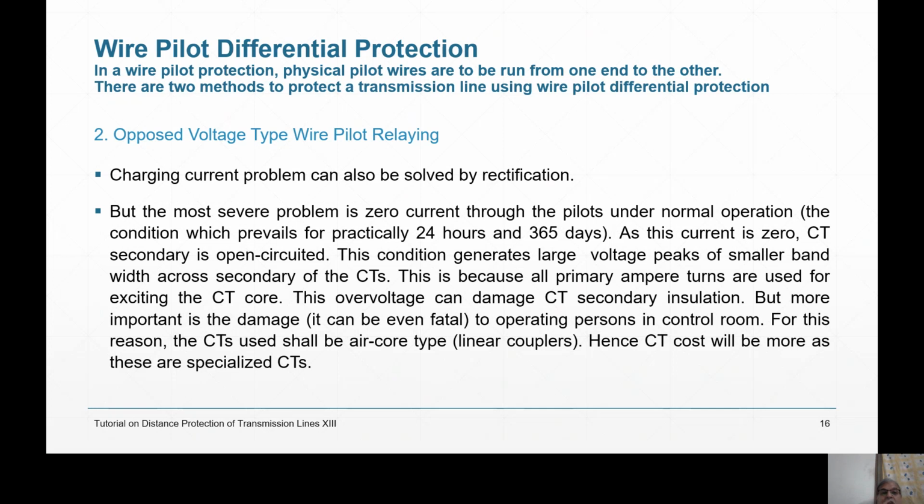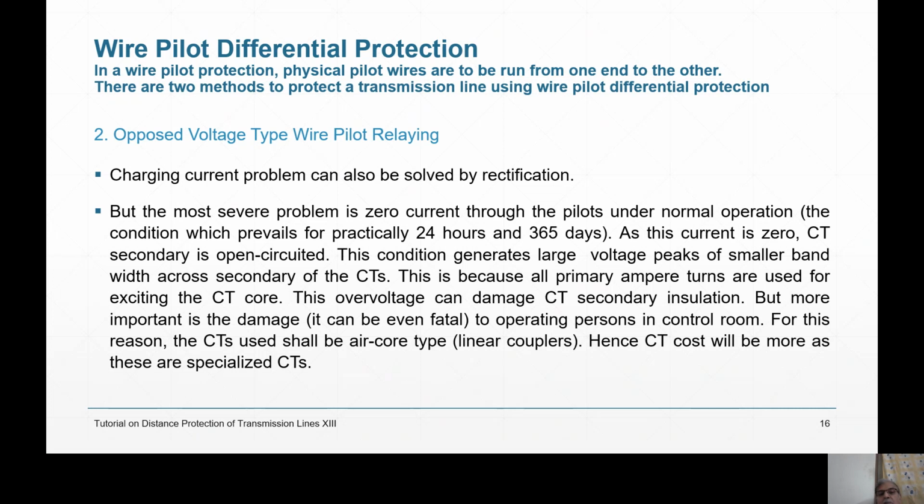But certain problems are added, and that is a severe problem. What is the severe problem? The current through the CT, under normal operation and under external fault, is 0. That means the CT secondary is open circuited, and therefore a very large voltage is induced on the secondary. The CT secondary insulation will be damaged.